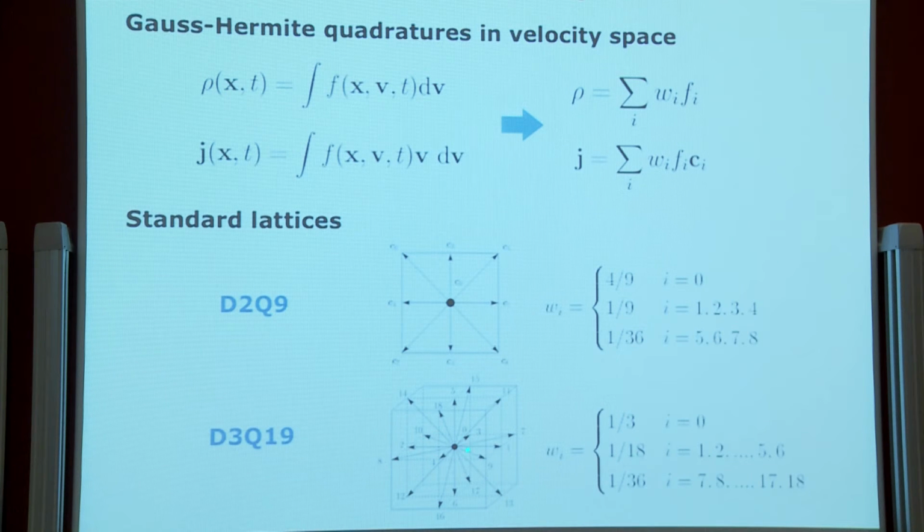And with this set, so 19 velocities, you can have 3 norms for the vectors, 0, 1, or square root of 2, and you have different weights for the corresponding velocities. So the first thing you do with Lattice-Boltzmann is to choose what lattice you will use, and this implies also the corresponding weights. And from the choice of this lattice, you can then know how to compute the moments of your populations.